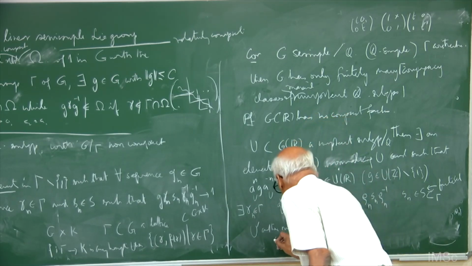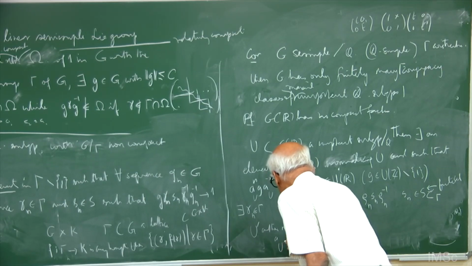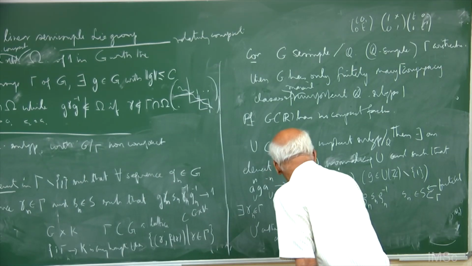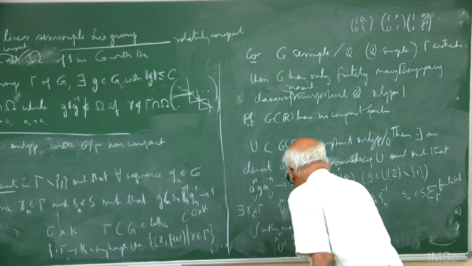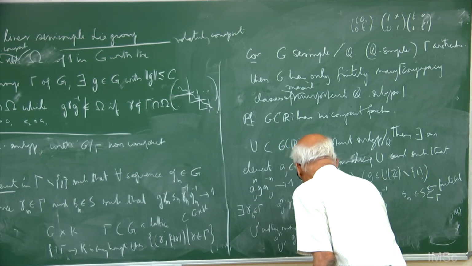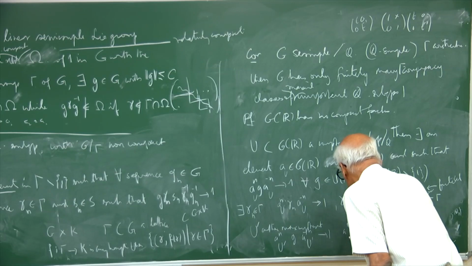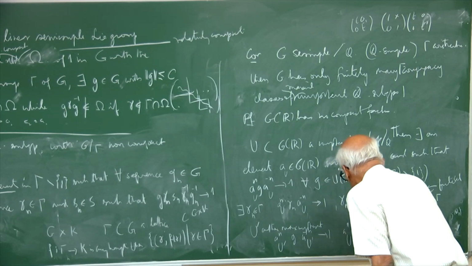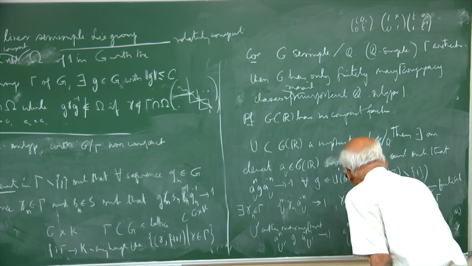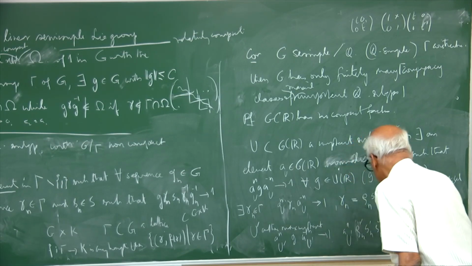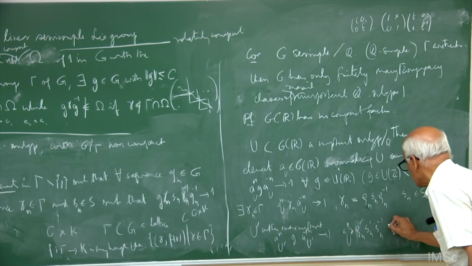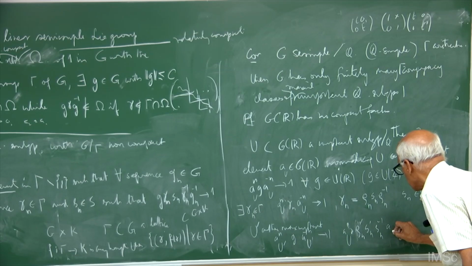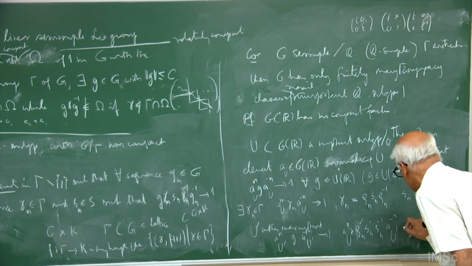Then I know that A^n U' A^{-n} tends to 1, and again there is a γ_n' which will be ρ_n' S_n' ρ_n inverse, and A^n U' A^{-n} S_n tends to 1.